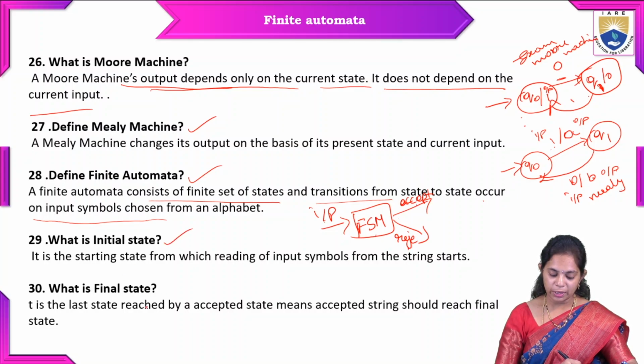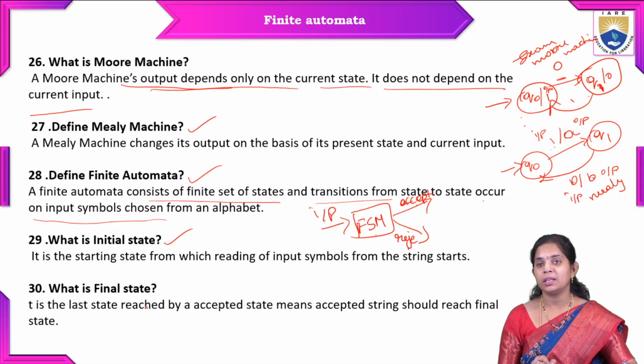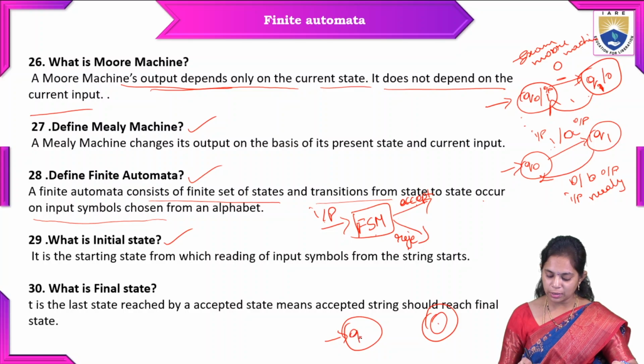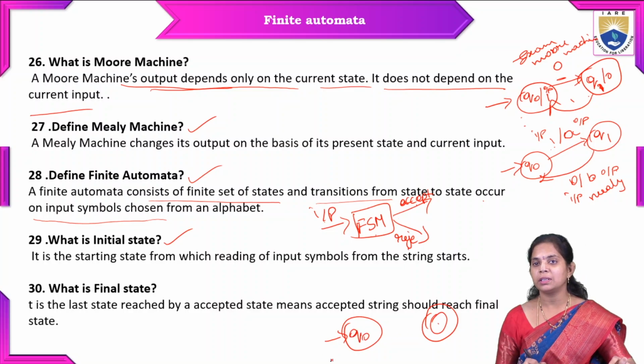And what is the initial state? While constructing any DFA or NFA, we require the initial and final states. Generally we represent the DFA or finite automaton with Q0 as the initial state and QF as the final state.